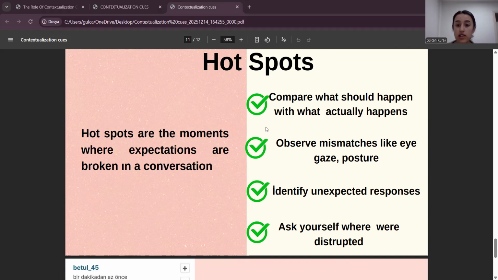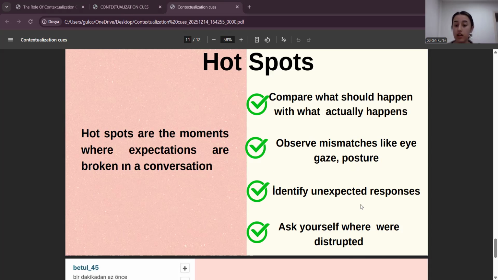So for these moments, as a teacher, you can compare what should happen with what actually happens in the classroom and observe mismatches like eye gaze and postures, because students, as I said before, have some different appearance, but their eye gaze and their postures also mismatch their appearance.